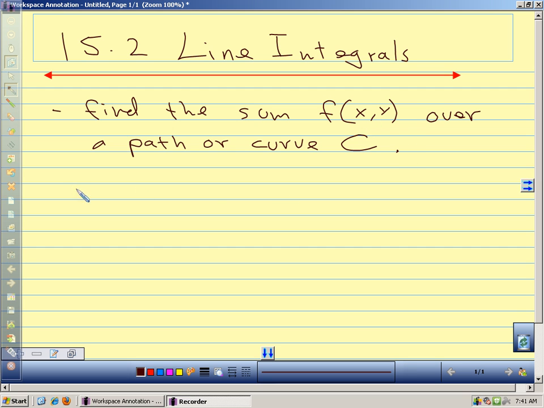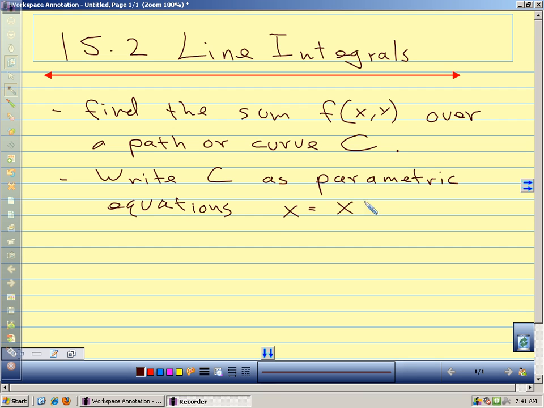Our basic procedure is we express our curve as parametric equations. We're going to say x is some function of our parameter t, and y is some function of the parameter t, on some interval a is less than or equal to t less than or equal to b.